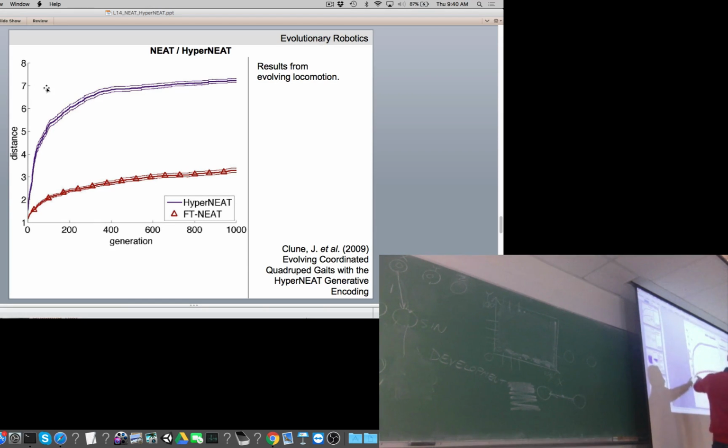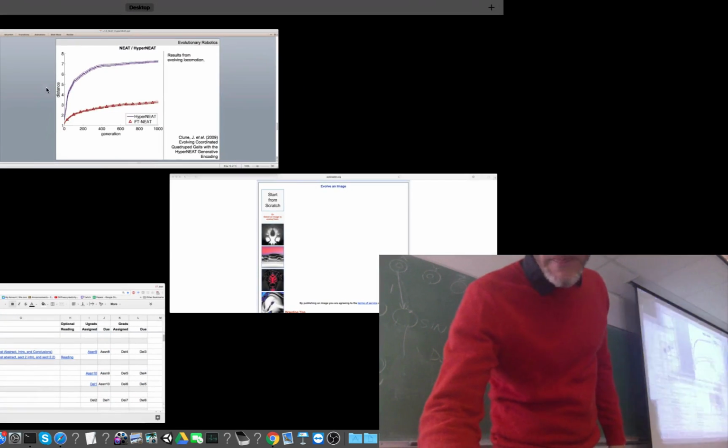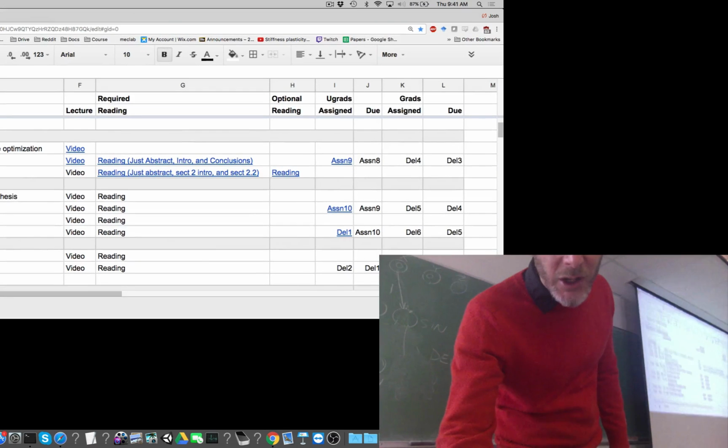And we can see in the case of HyperNEAT, in most of the evolutionary runs, after 1,000 generations, the robots were traveling 6.5 units into the screen. With FT-NEAT, the robots were moving more than twice as slowly. Okay, let's see if I can show you some videos here.